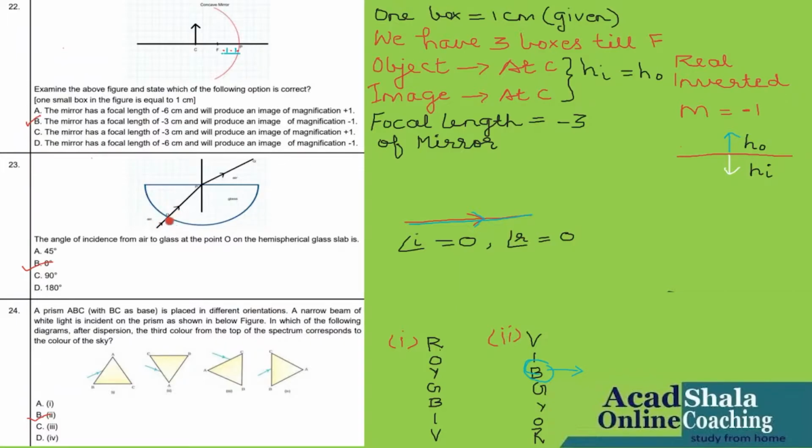So the angle of incidence I is equal to 0 degrees. Angle R, that is refraction, will also be 0 degrees. That is, light goes without deviation. And that is why, according to the demand of the question, the option chosen among the four will be B, that is 0 degrees.